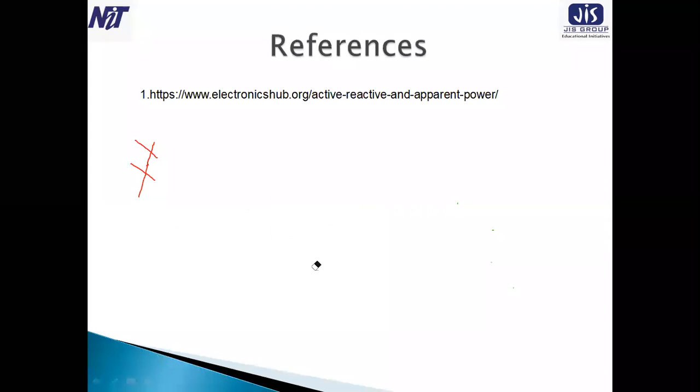So this is the reference I used to make this PowerPoint presentation. And my request to all of you, please follow the books. There are different types of books available in the market. You have to follow the book, because using the book you can clear your concept. There are so many exercises and examples available. If you go through the books, your concept will be more clear, and you have to practice more and more.